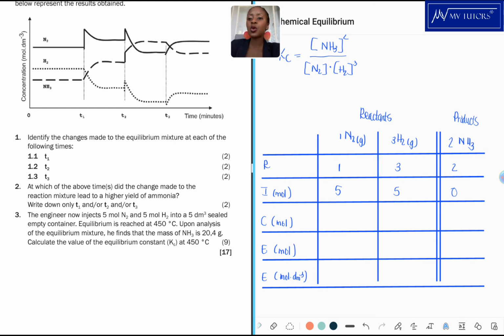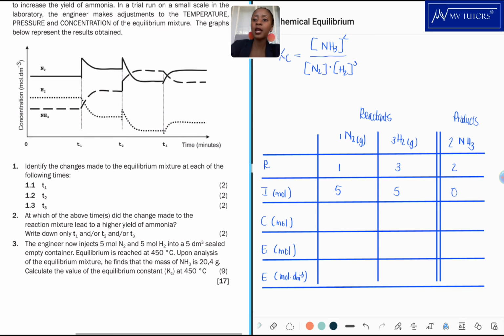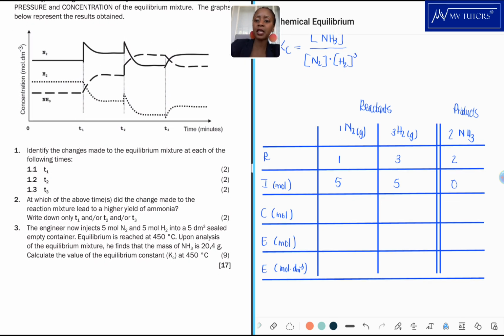Okay, so what we were told is that upon analysis of the equilibrium mixture, he finds that the mass of ammonia, our product, is 20,4 grams. So at equilibrium, we already know what our mass is. So we need to back calculate to get the number of moles. Okay, so remember the equation. Let me just do it at the bottom.